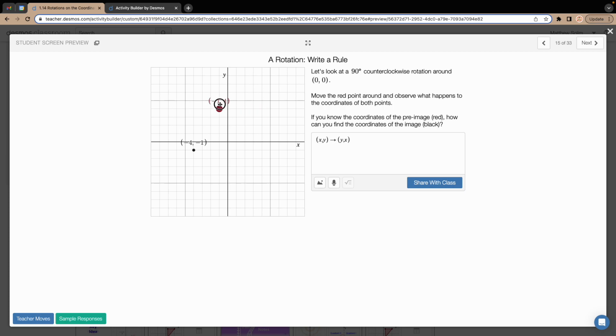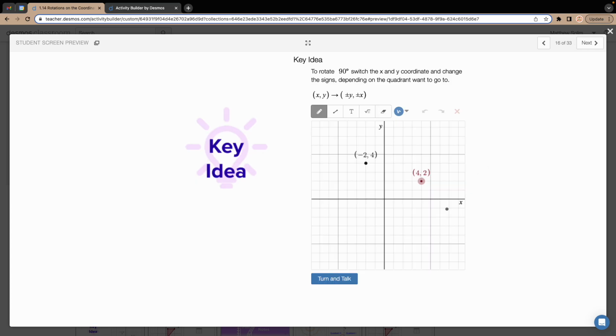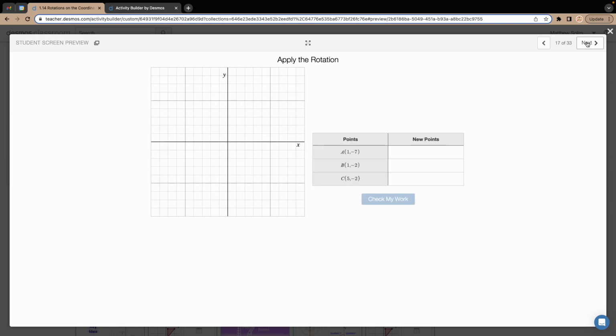So it just changes what quadrant you're in. That's how you could figure out the signs. But the big thing that's changing is the x and y, the coordinates just flip. So that's the big rule for today. We take the coordinate, we flip the y and the x, and then you just double check your signs depending on what coordinate or quadrant you're in.